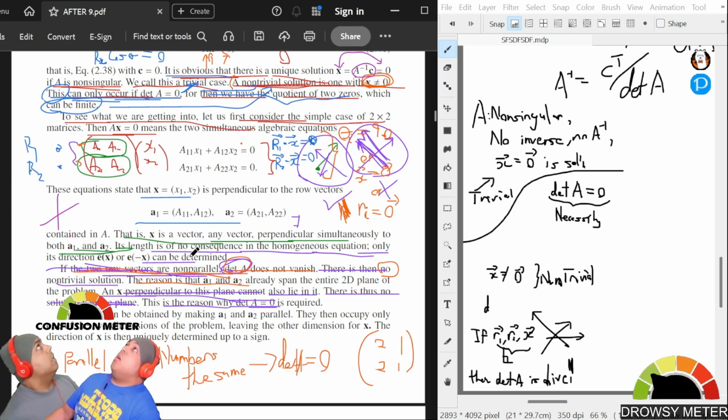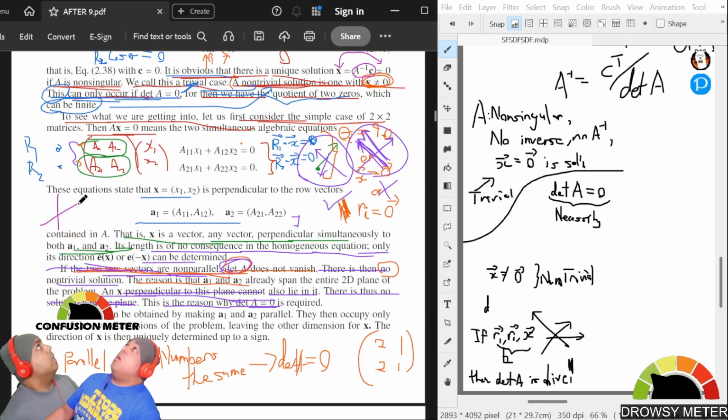Okay. So if they're parallel, that means their components are kind of the same, maybe with a negative involved for anti-parallelness. So if they're parallel, their numbers are basically the same, which means the determinant is 0, because two identical rows or columns means the determinant will be 0, right?